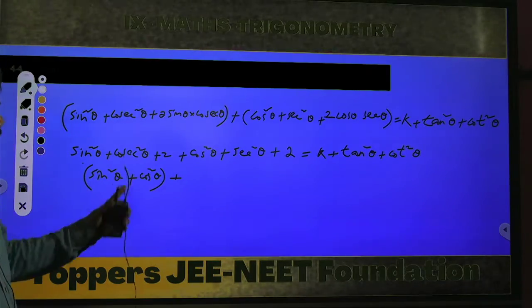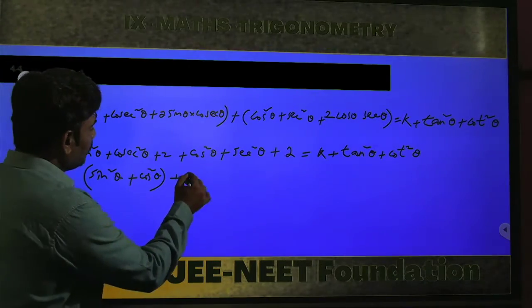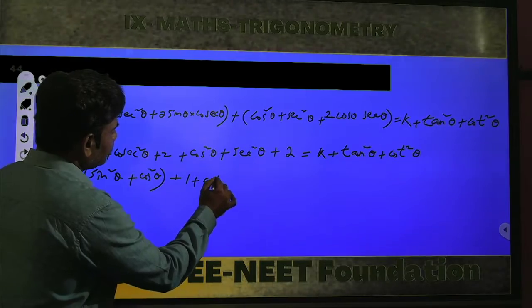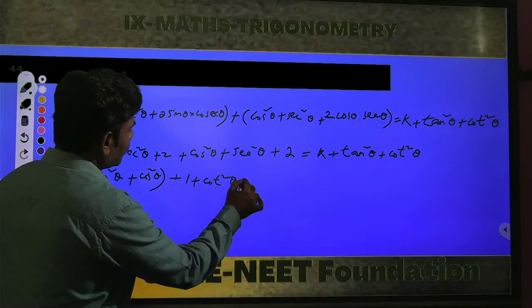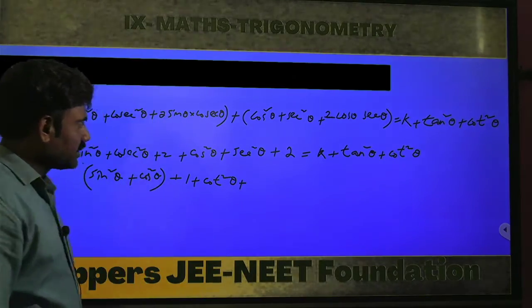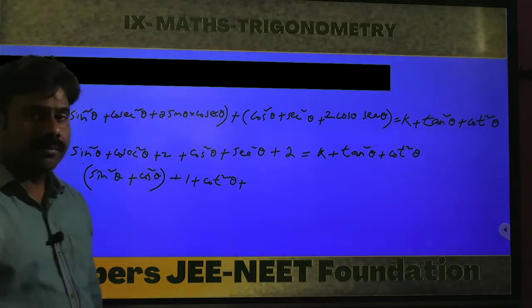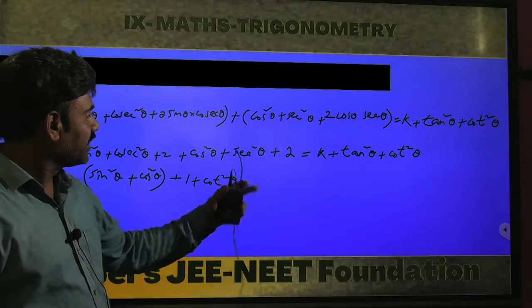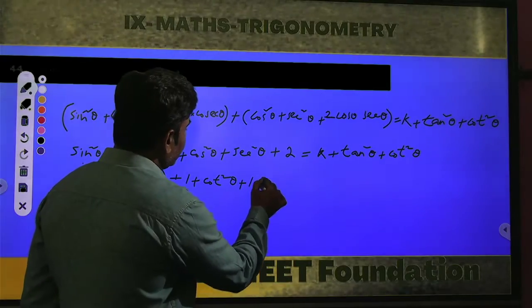So students, cosecant square theta can be written as 1 plus cot square theta. In the same way, from the second trigonometric identity, secant square theta can be written as 1 plus tan square theta.